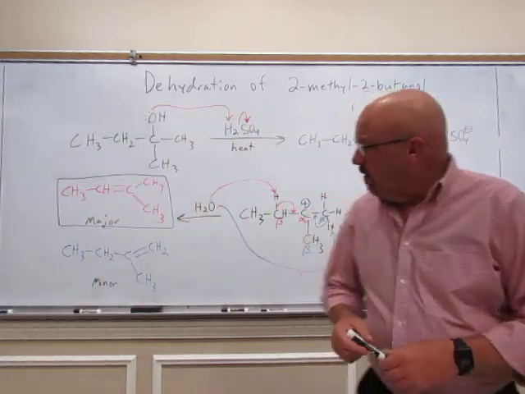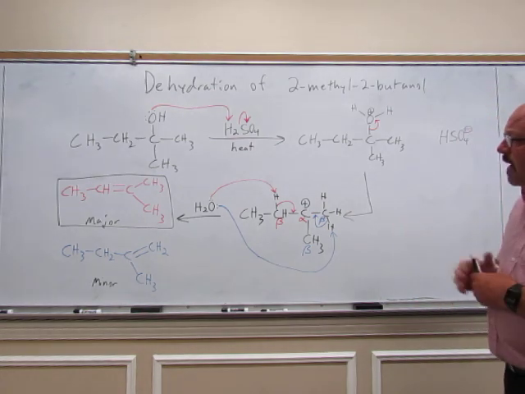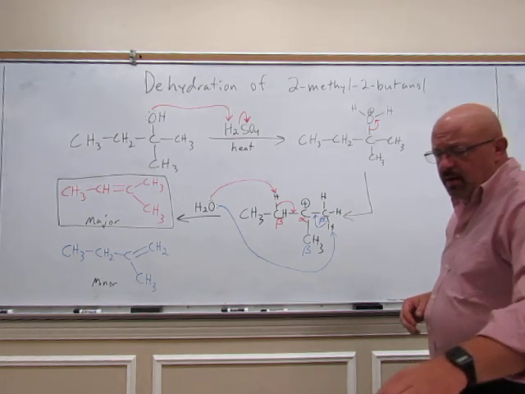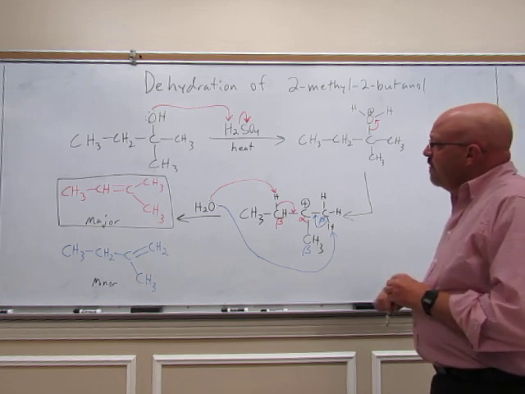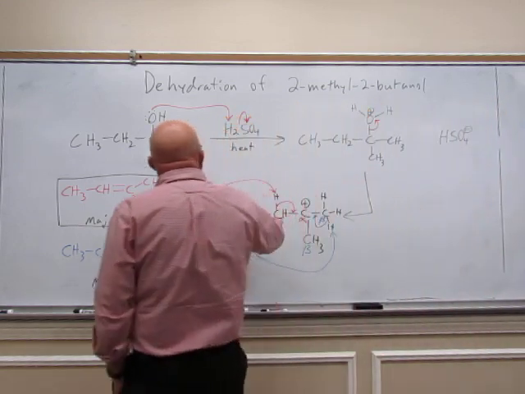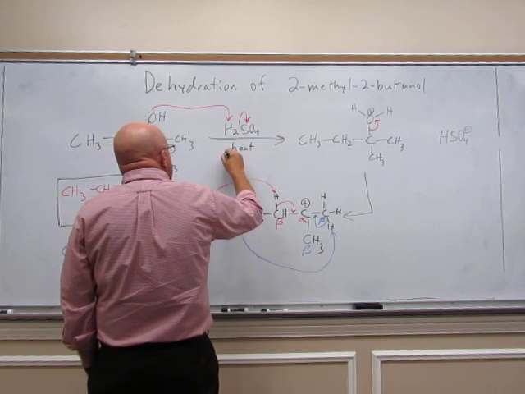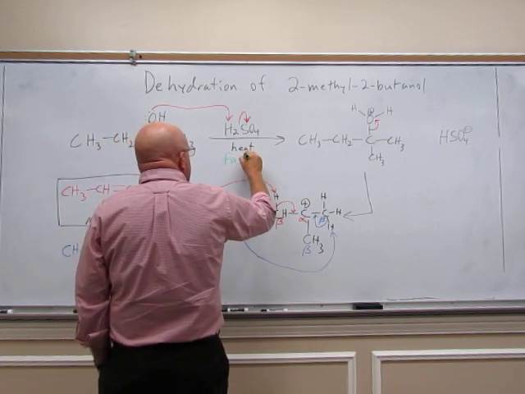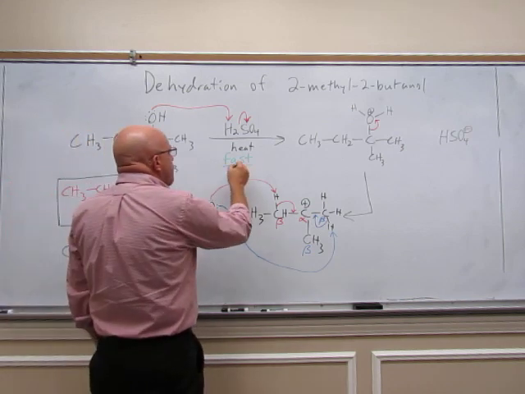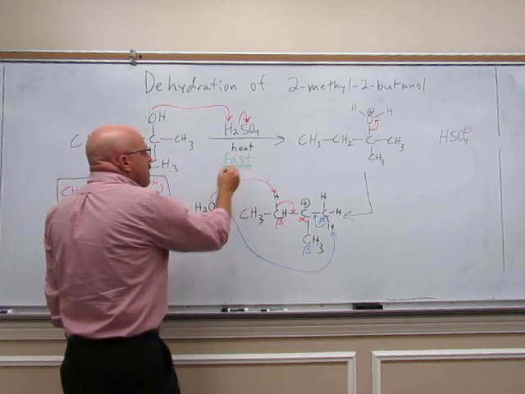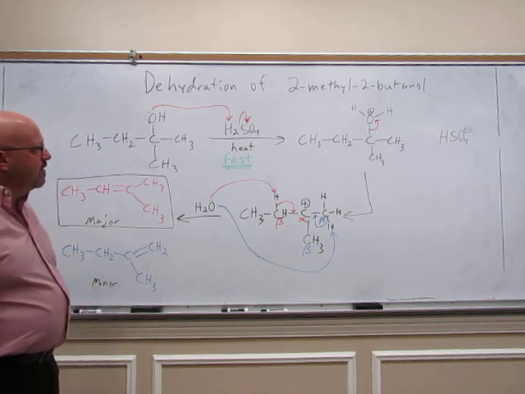So there's the full mechanism. Let's look at a rate equation for this reaction. First step is an acid-base reaction. All acid-base reactions are extremely fast. The only thing that can beat an acid-base is radicals, and we haven't looked at radicals yet. So for the moment, the fastest reaction that we have is an acid-base.